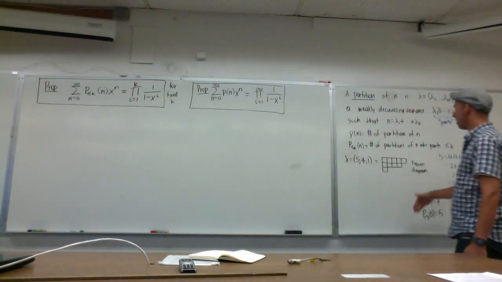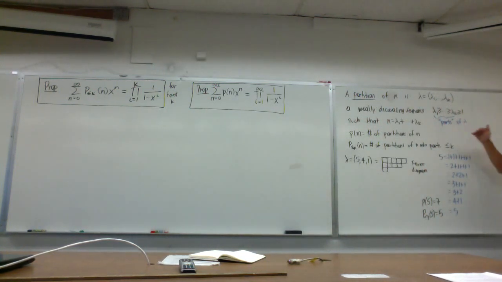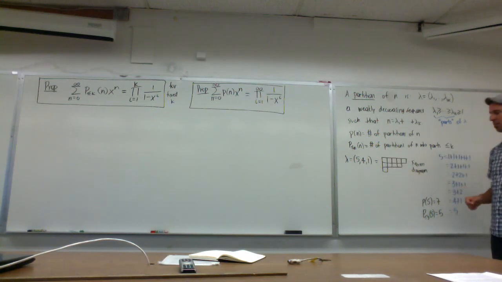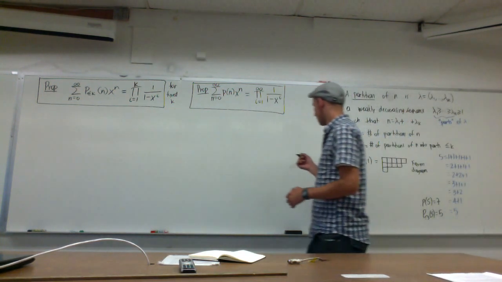Okay, so we talked about partitions of n. We talked about partitions of n into parts less than or equal to something. Now, in the theorem that I raised earlier, we also had partitions into less than or equal to k parts. So why did I not define something like that here? The reason is this.